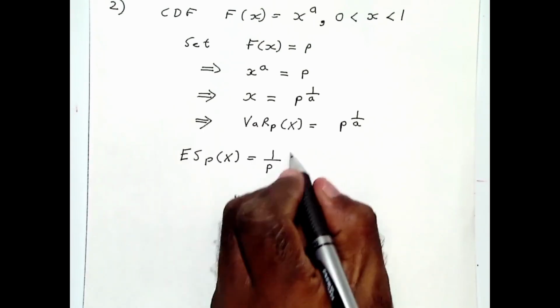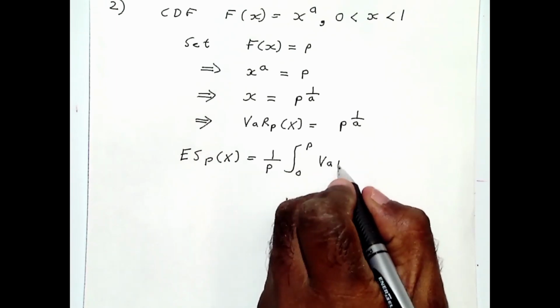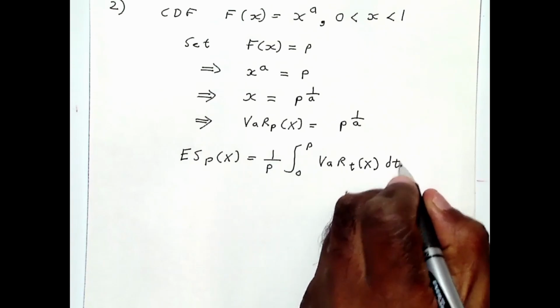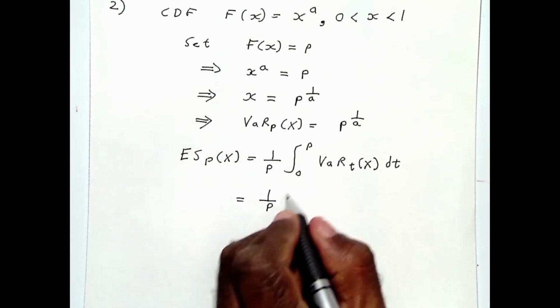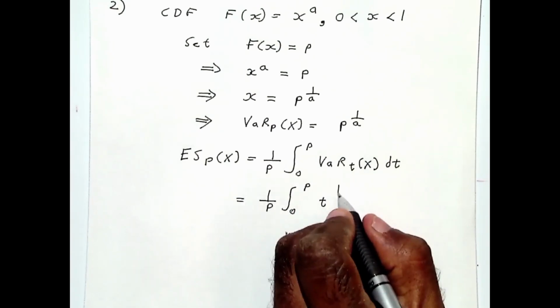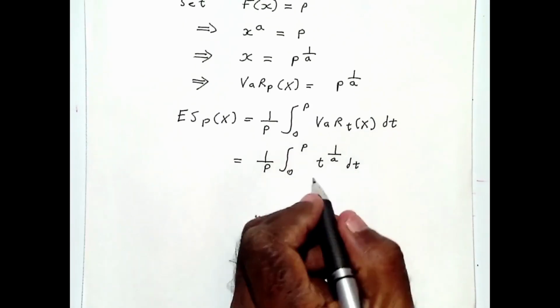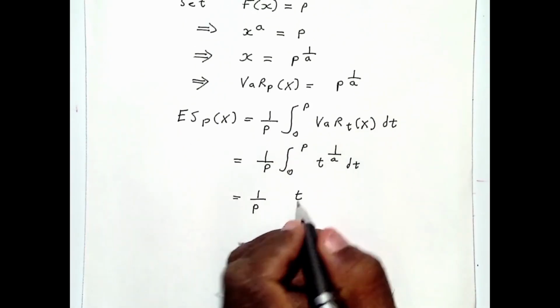Okay, now to find the formula for expected shortfall, you use this, right? So this is 1 over p times the integral from 0 to p of t to the power 1 over a dt. And this integral is easy. You get t.